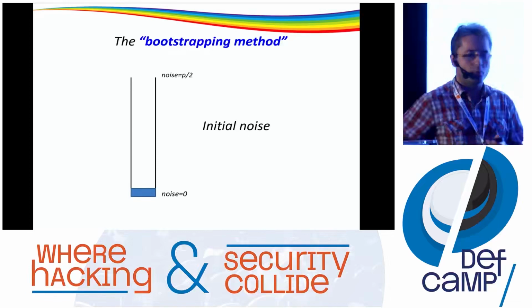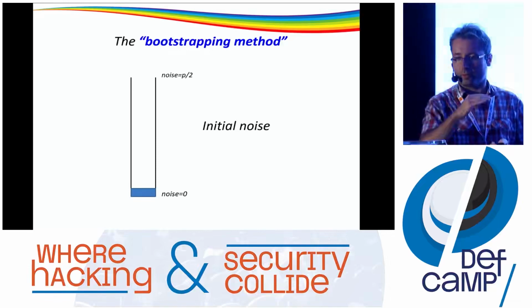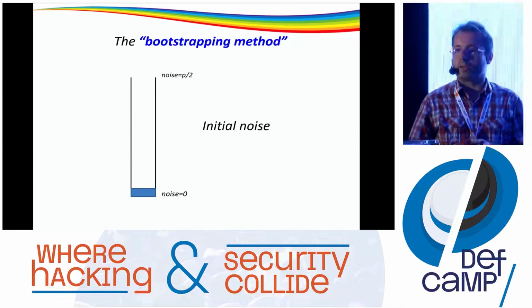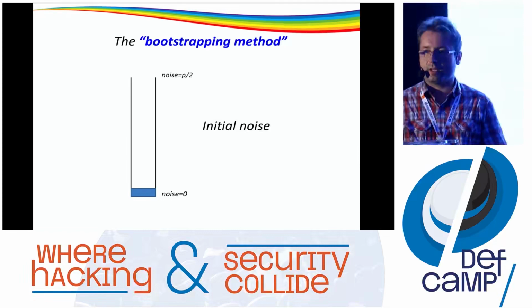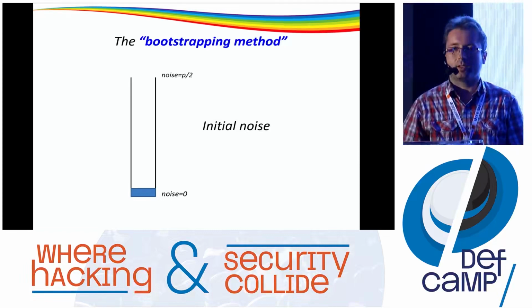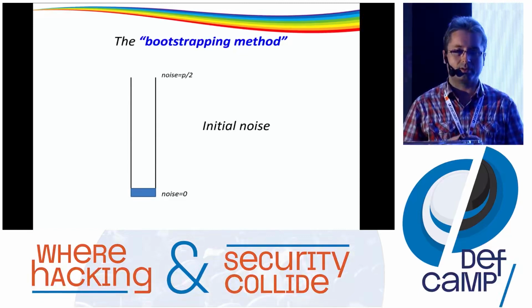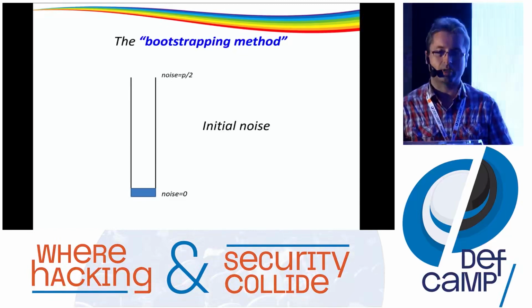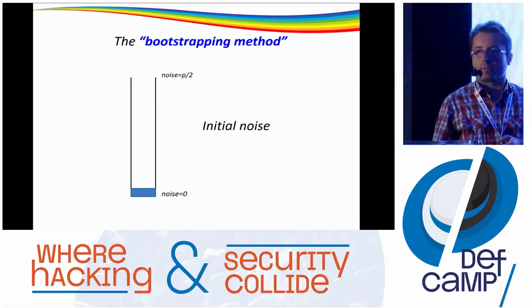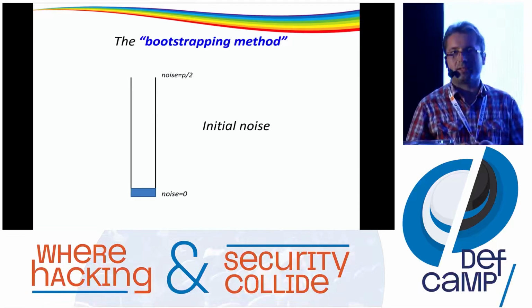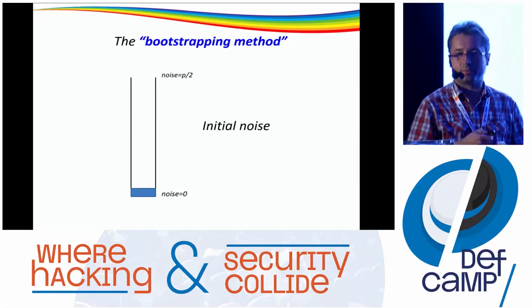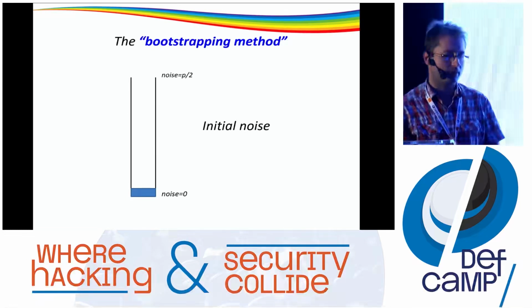If we have an initial level for the noise, in homomorphic encryption in general, every multiplication increases the noise by 4 times, and any addition operation increases the noise by 2 times. So multiplications are the most, let's say, dangerous in respect to the level of the noise.